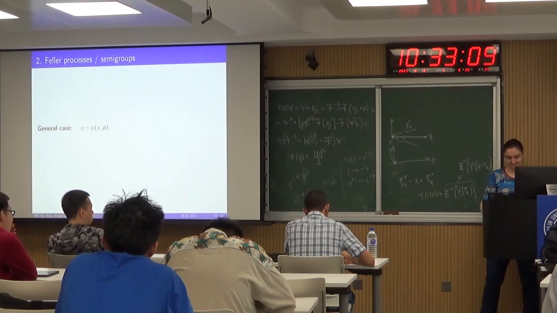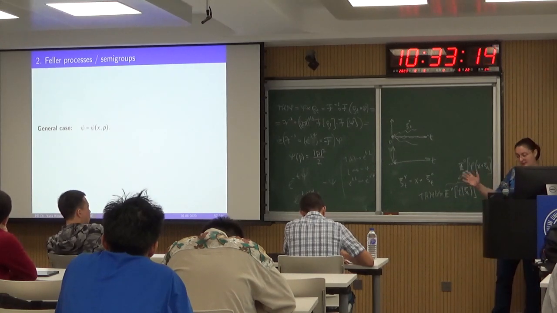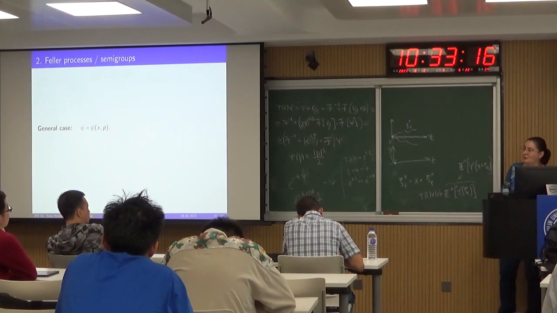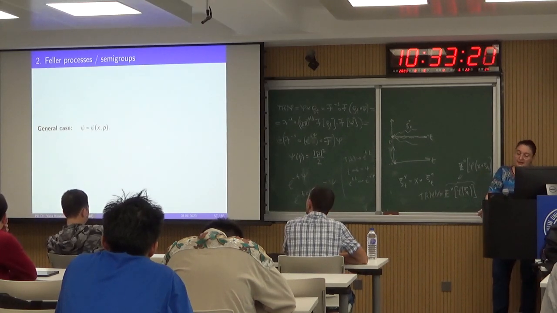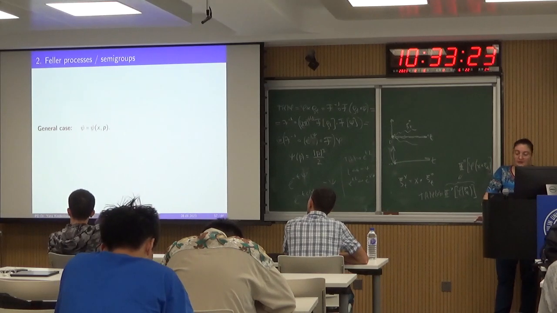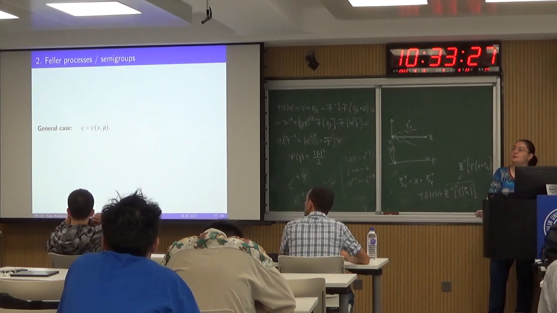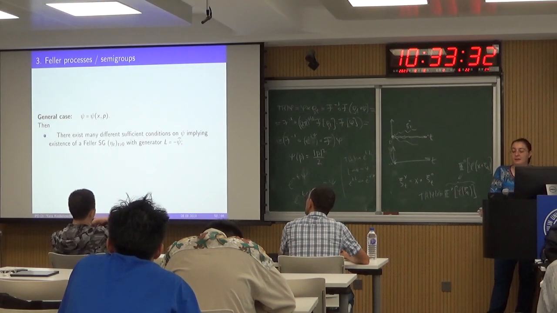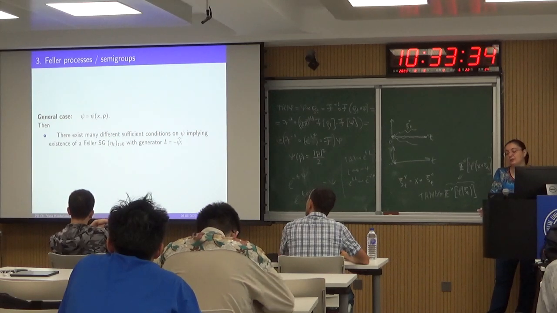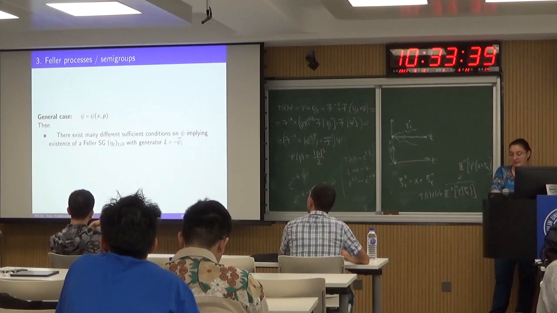Okay, so the general case. Now everything will be just without calculations, just another view. In the general case, when psi, the symbol, depends on two variables, x and p, nothing is so nice as before. Namely, there exist many different types of sufficient conditions on psi implying the existence of a Feller semigroup with the corresponding generator.